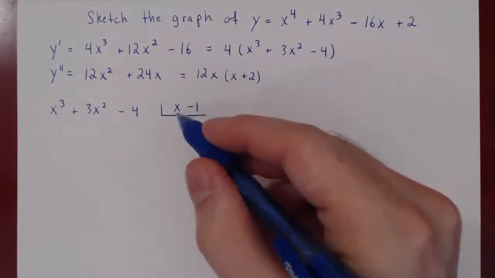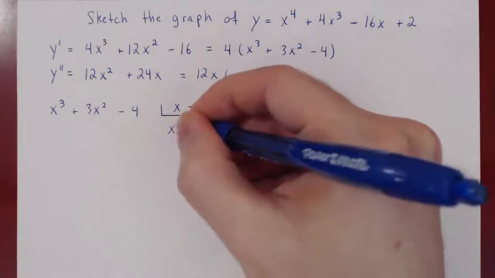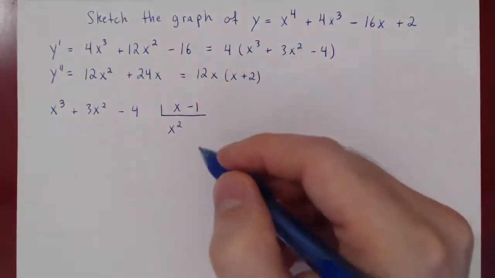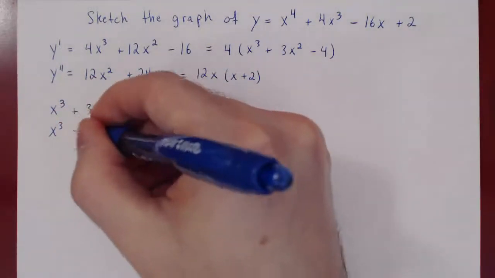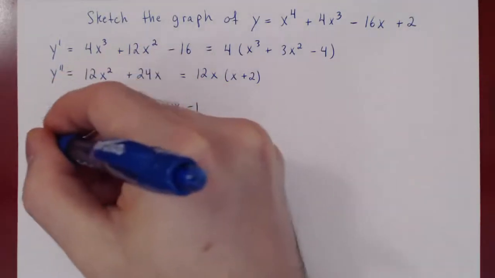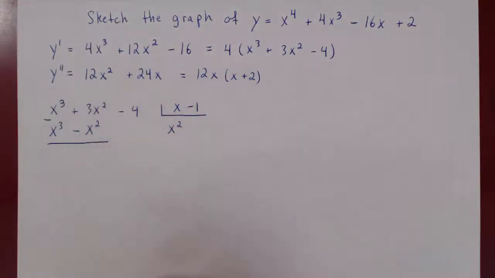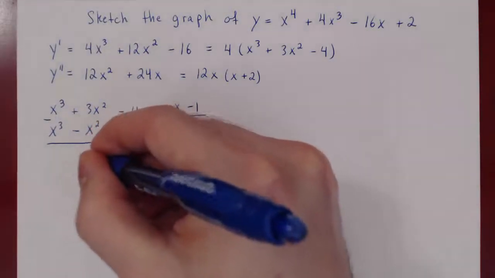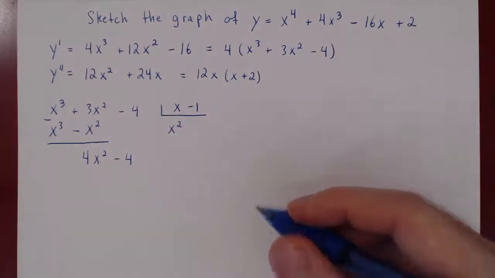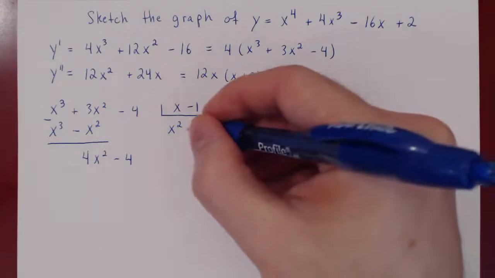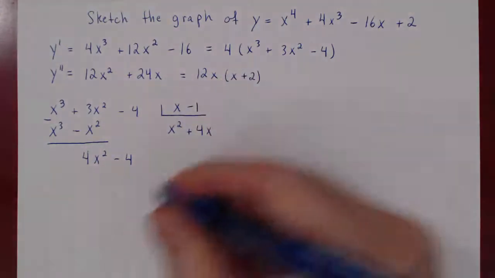So, x squared times x is x cubed. Multiply by x minus 1, and you get x cubed minus x squared. Subtract. This cancels, and you're left with 3x squared plus x squared, so 4x squared minus 4. Now you repeat. 4x times x is 4x squared.